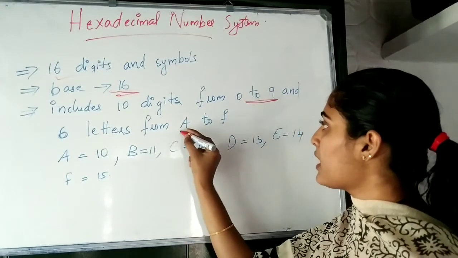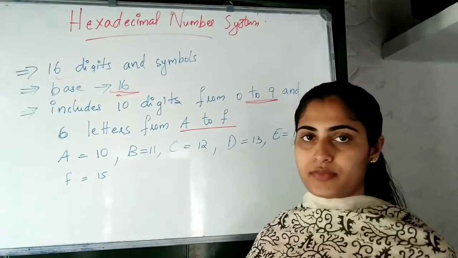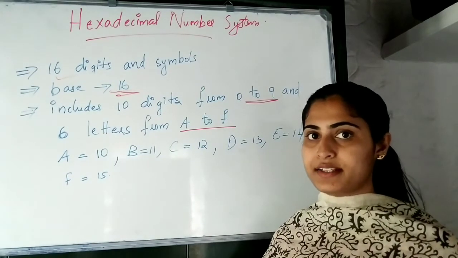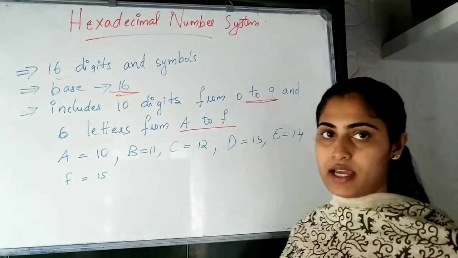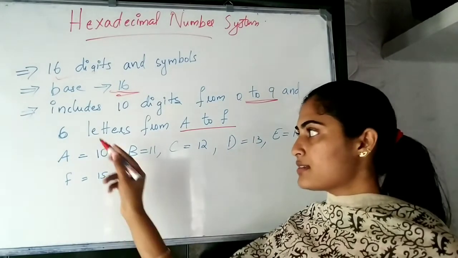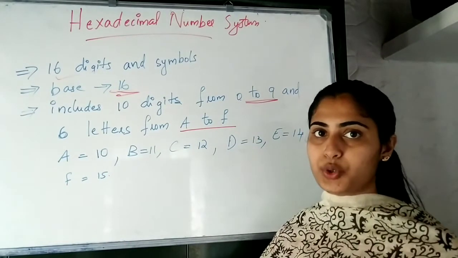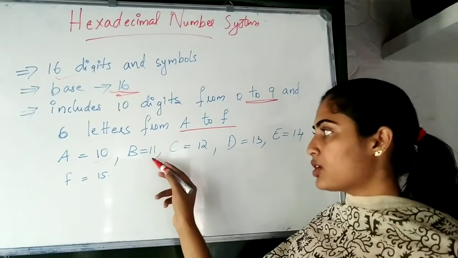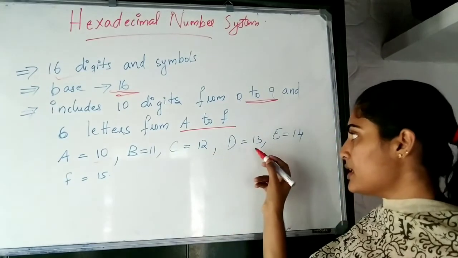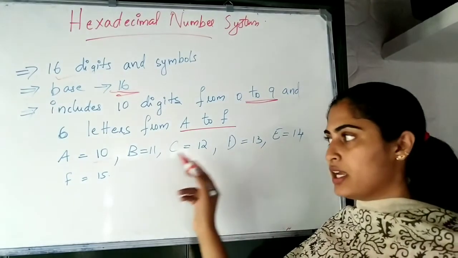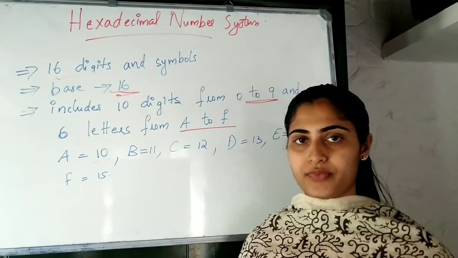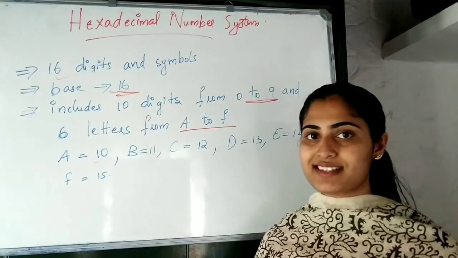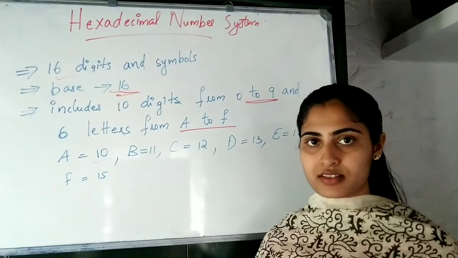The letters are from A to F. A means 10, B means 11, C means 12, D means 13, E means 14 and F means 15. Totally, inside the hexadecimal number system there are 16 digits, so its base is 16.